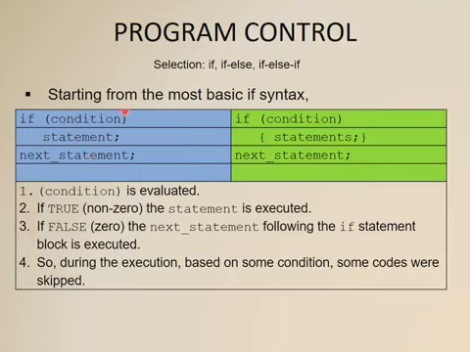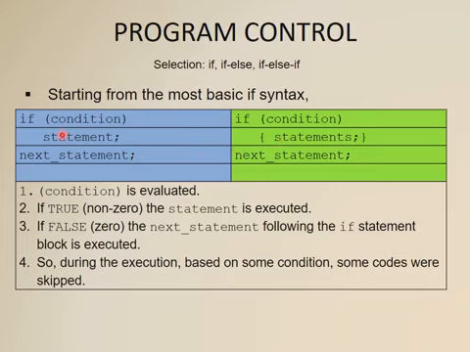If this condition is true, then the statement part will be executed, and if the condition is false or zero, then the next statements that follow the if block will be executed. So during execution, based on some condition, some code is skipped and some code is executed. This is how the syntax of the if condition goes.